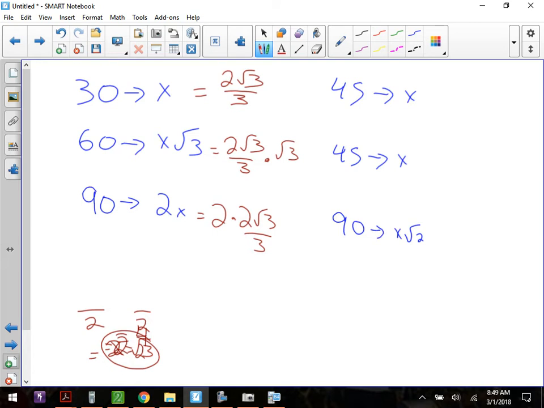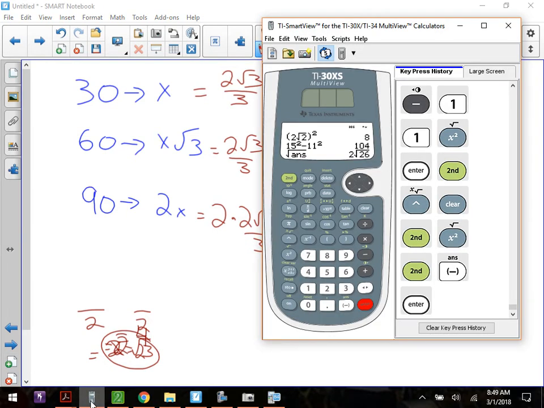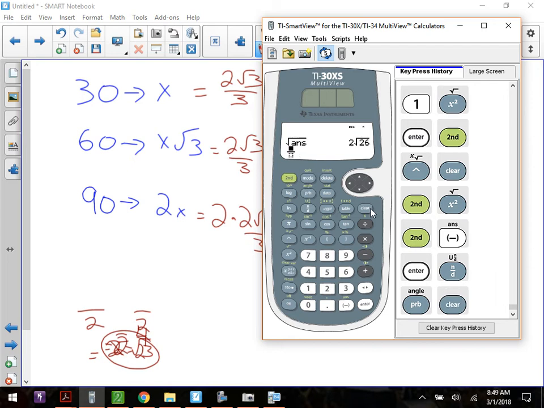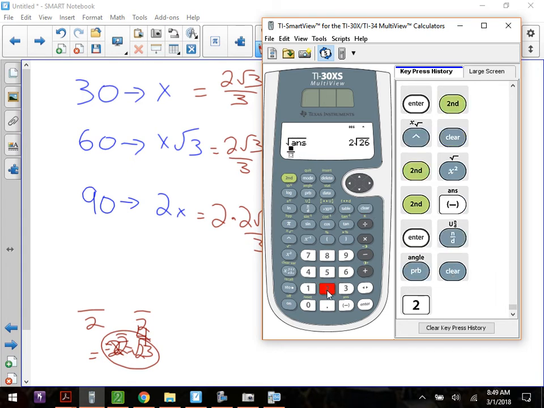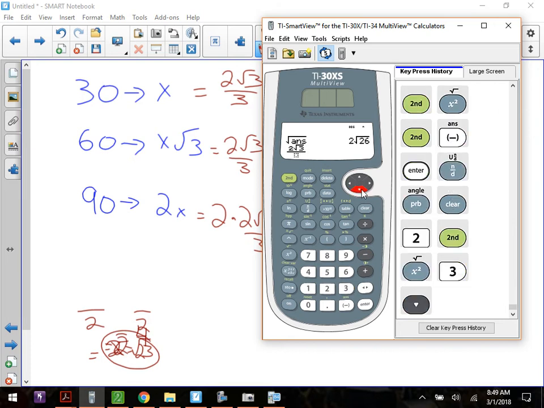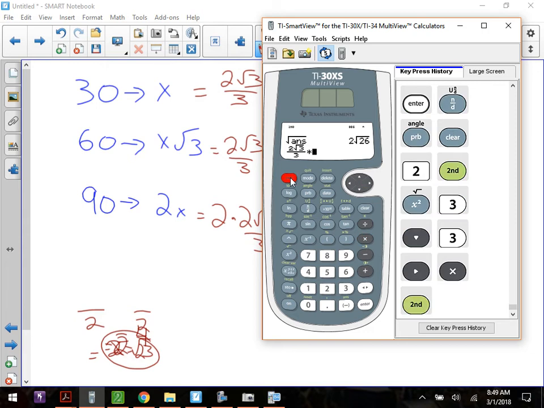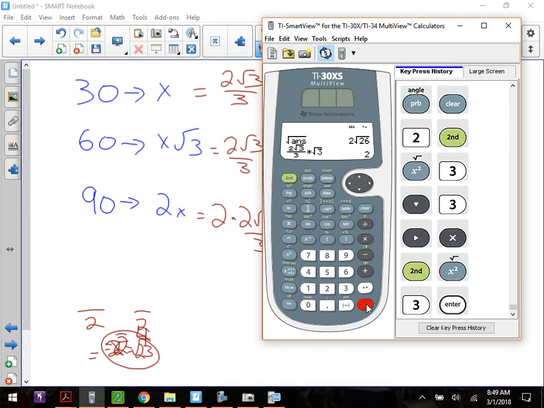So in the calculator, I just have to press buttons then. So I have fraction bar, 2 root 3 over 3 times root 3. And there's your answer.